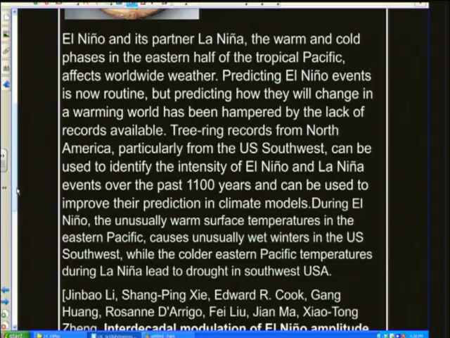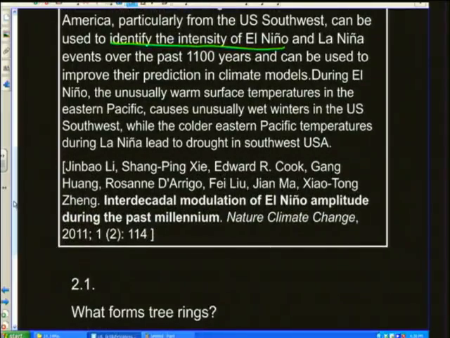Tree ring records from North America, particularly from the US Southwest, can be used to identify the intensity of El Nino and La Nina, telling us about the climatic conditions over the past 1,100 years, and can be used to improve prediction in climate models. During El Nino, the unusually warm surface temperatures in the eastern Pacific cause unusually wet winters in the US, while the colder phase lends to drought.